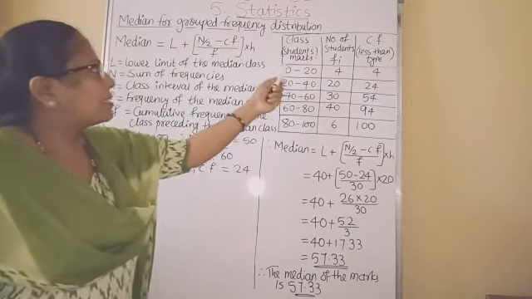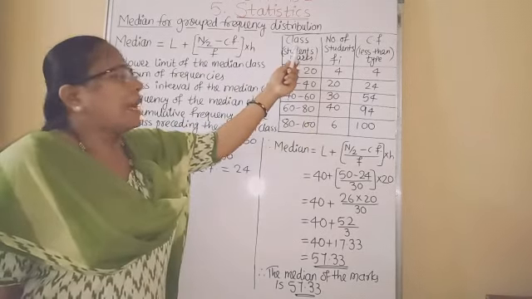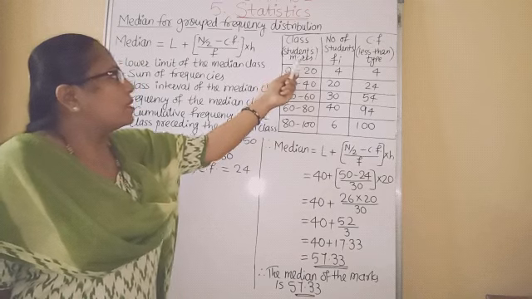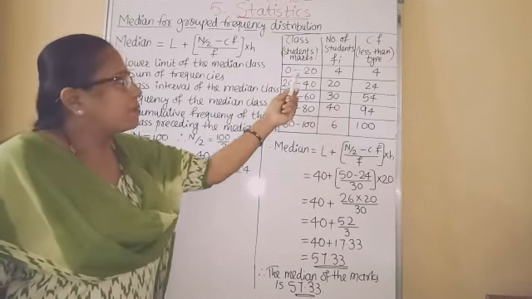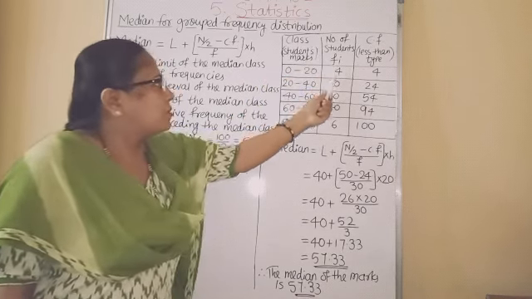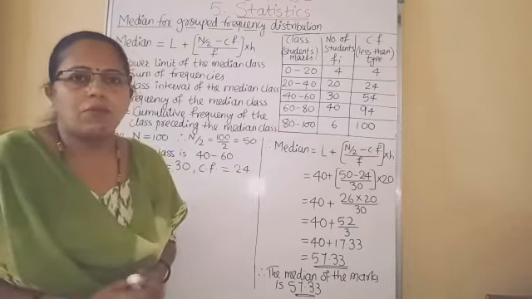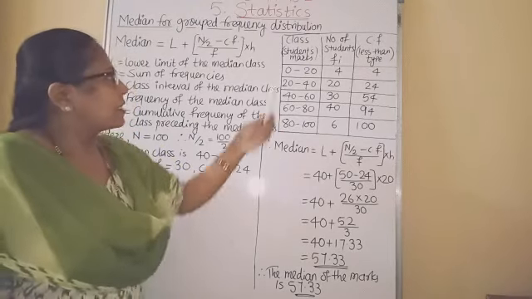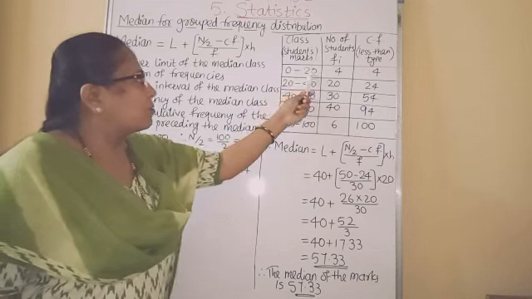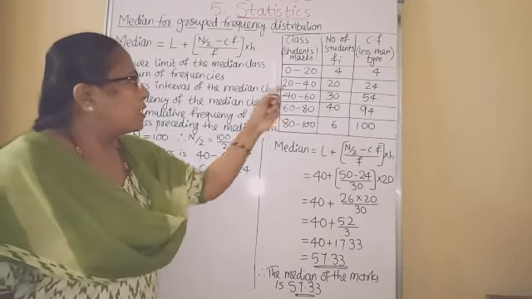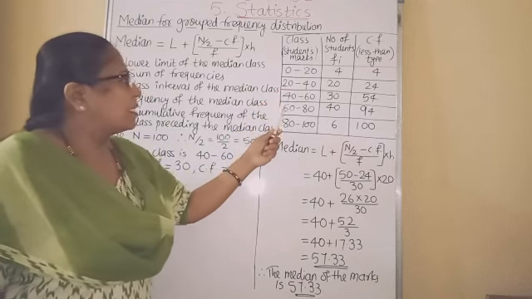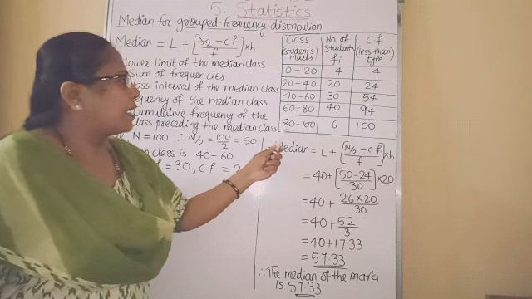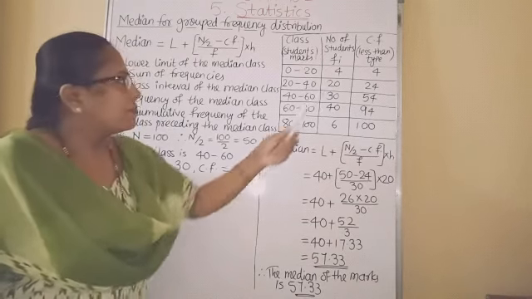In this table, the classes represent the students' marks in an exam and the number of students is given, and we have to find the median of the marks. The classes given are 0 to 20, 20 to 40, 40 to 60, 60 to 80 and 80 to 100.